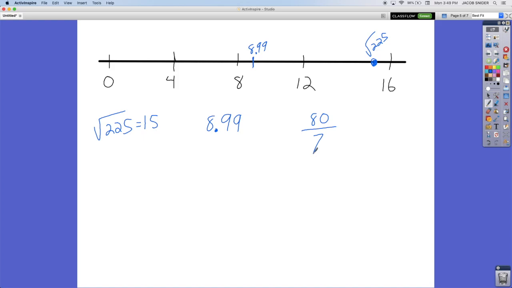Well, I know that 7 times 11 is 77, so I know that that's going to be pretty close. So if I go 11, okay, 7 times 11, what does that leave me left over? 11 and 3 sevenths. So there we go. There's my answer. A little bit less than 12. Pretty close to 12, though. 80 over 7. Trying to understand where I'm getting this, guys? We're putting it on the number line.